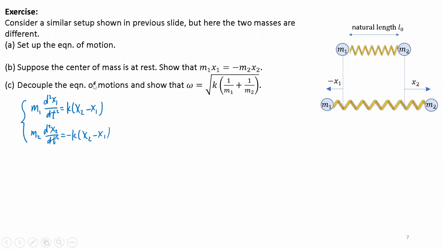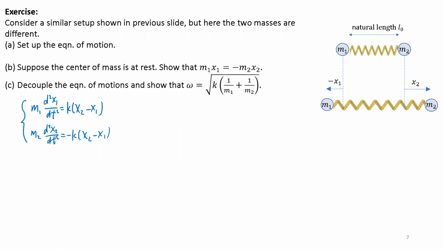So part B. What I'm going to ask you to do is to consider again the center of mass of the system. Again, this system is isolated, so I assume there is no external force acting on it. That means the center of mass of this whole system is either at rest or moving at a uniform velocity.